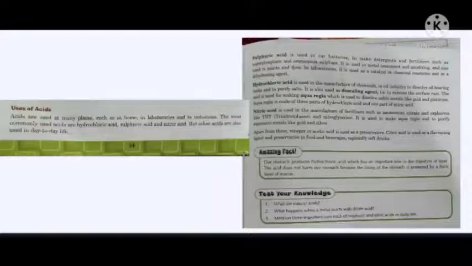The acids are used for making aqua regia, which is used to dissolve noble metals like gold and platinum. Aqua regia is made up of 3 parts of hydrochloric acid and 1 part of nitric acid.